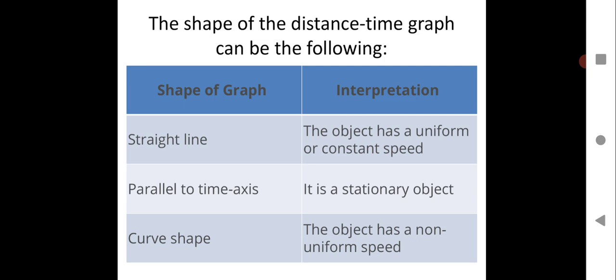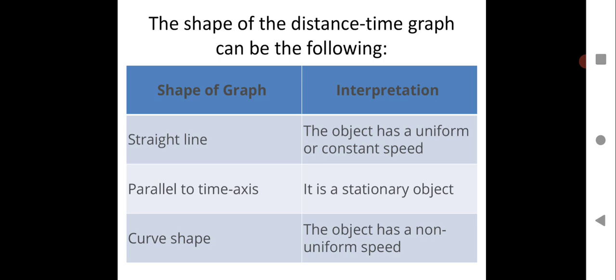If the shape of the graph is a straight line, the object has a uniform or constant speed. That means the object is in uniform motion. Whereas if the line is parallel to the time axis, where time is on the x axis, that means the object is stationary.